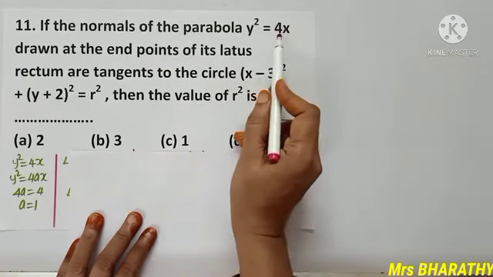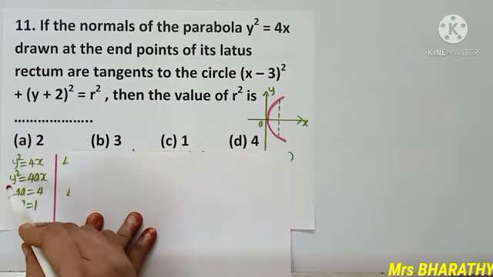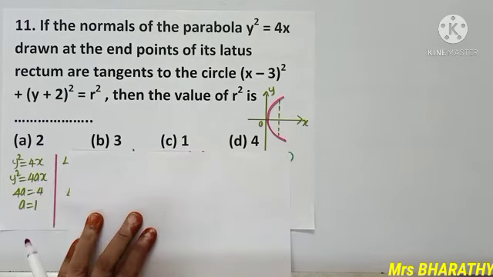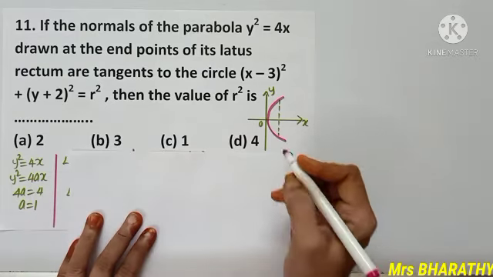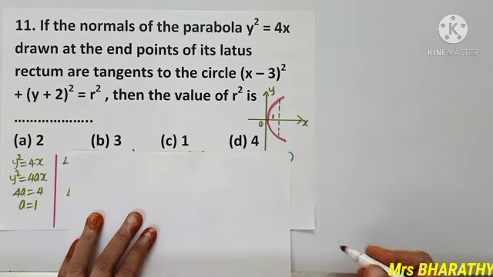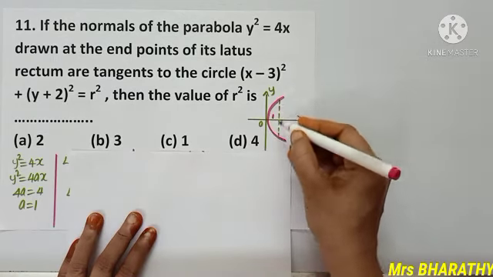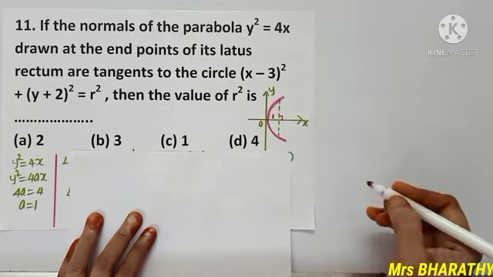Y square equals 4x is the equation given. Compare y square equals 4ax. 4a is 4, so a is 1. So this distance I call a, which is 1. The latus rectum is a line passing through the focus and perpendicular to the axis.